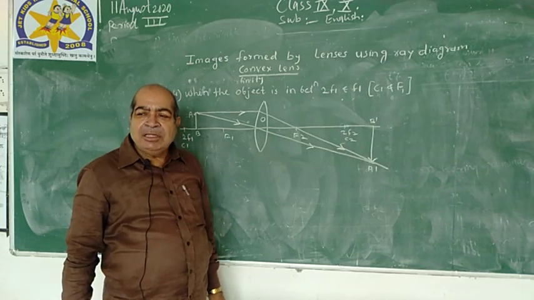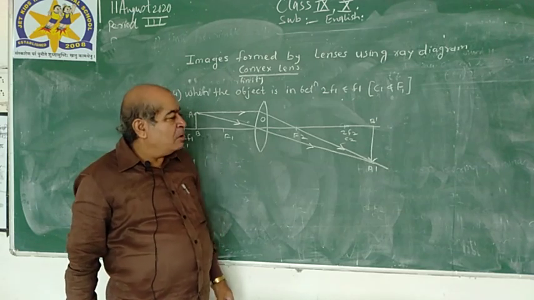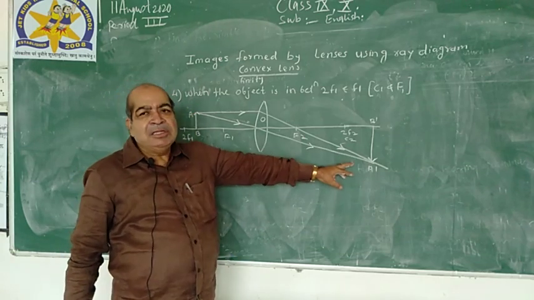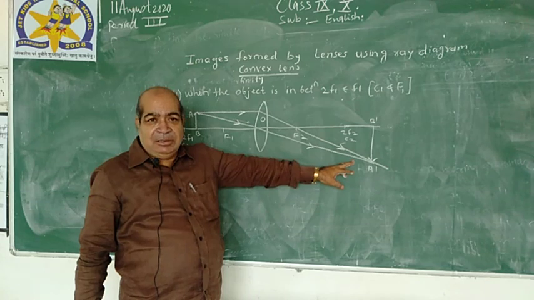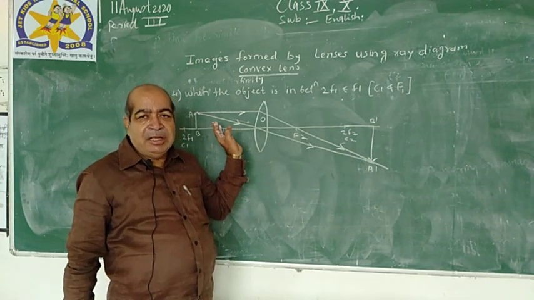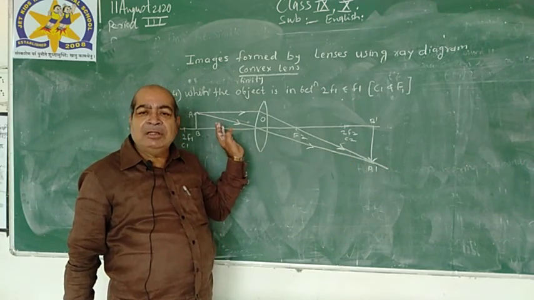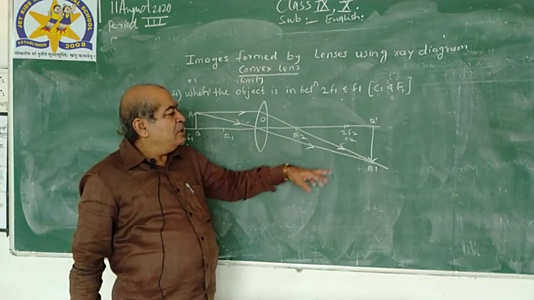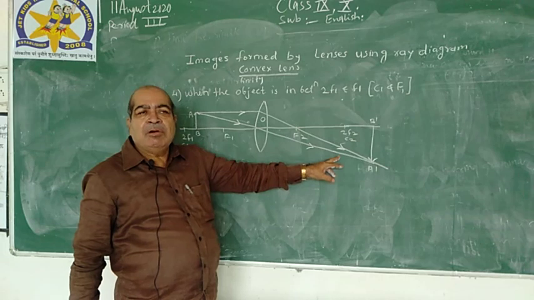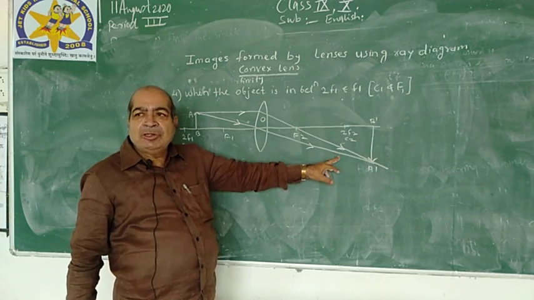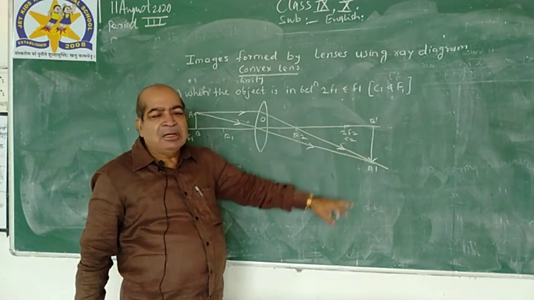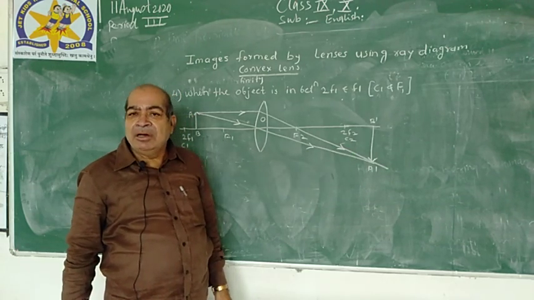By comparison, if you see, the image is enlarged. The size of the image is greater than the size of the object, and since the image is formed due to the actual intersection of the rays, the image is real and inverted.